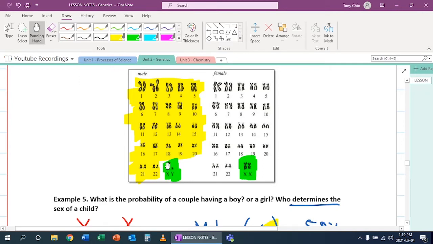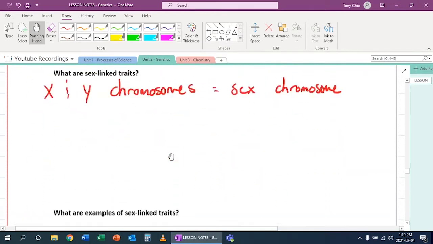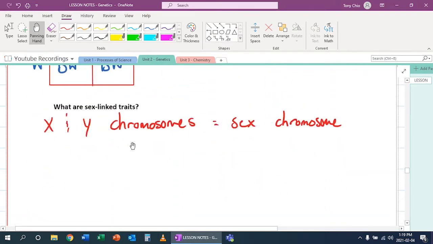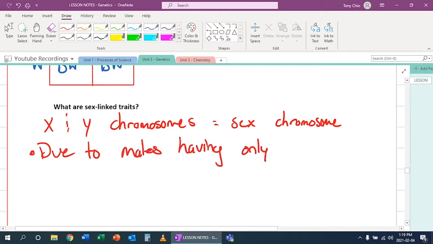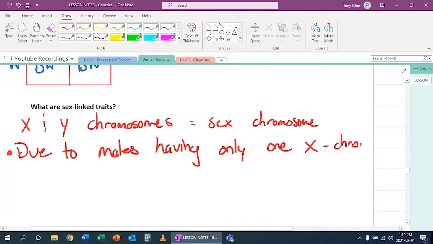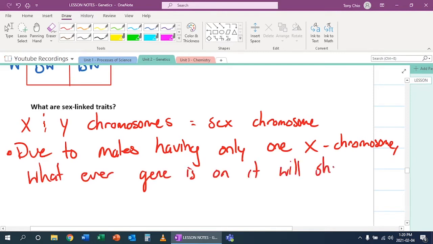It will almost have none. The X chromosome, being much larger, has a lot more genes, and because of that, it actually has a lot more traits involved. How does that affect our males? Because the males have the Y chromosome, what ends up happening is that due to males having only one X chromosome, whatever gene is on it will show.